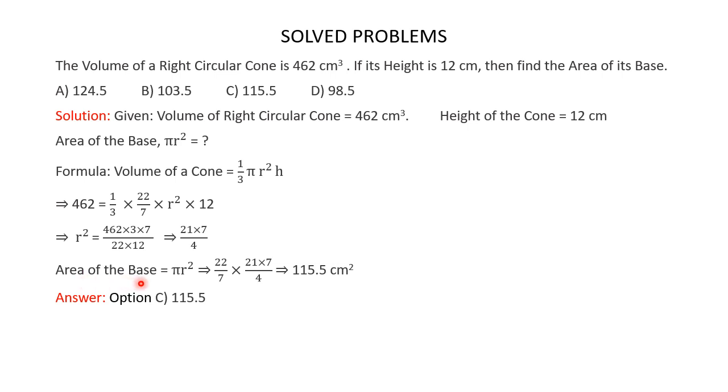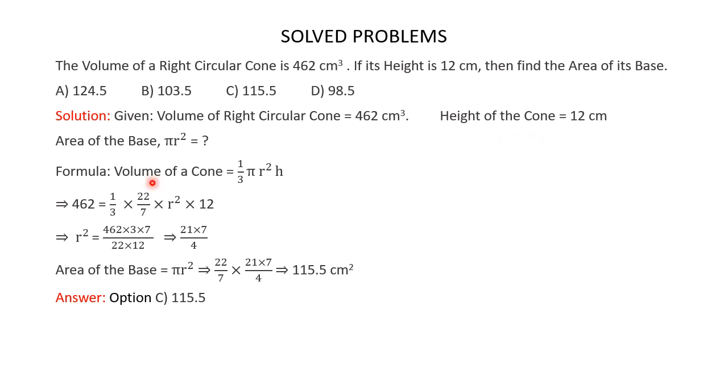So area of the base of the right circular cone is equal to pi r squared. Now we know the value of pi is 22 by 7. So if we know the value of r, we can easily calculate the area of the base. Now it is given that volume of the right circular cone is 462 centimeter cubed and height of the cone is 12 centimeters.